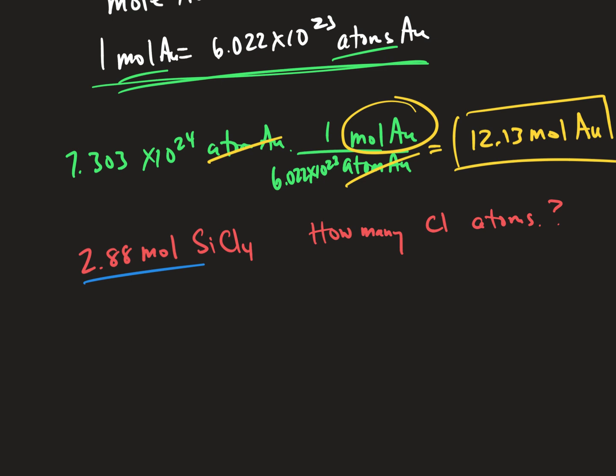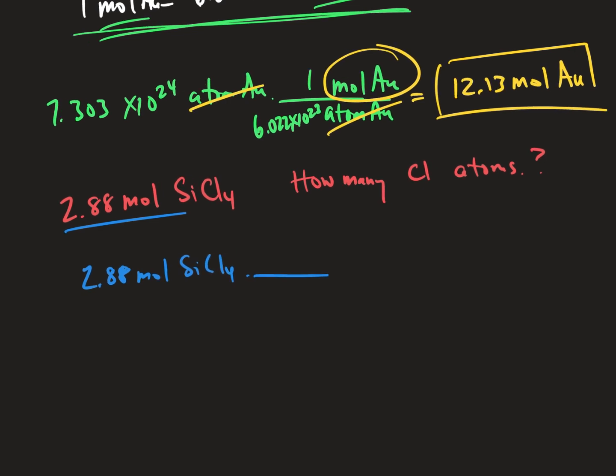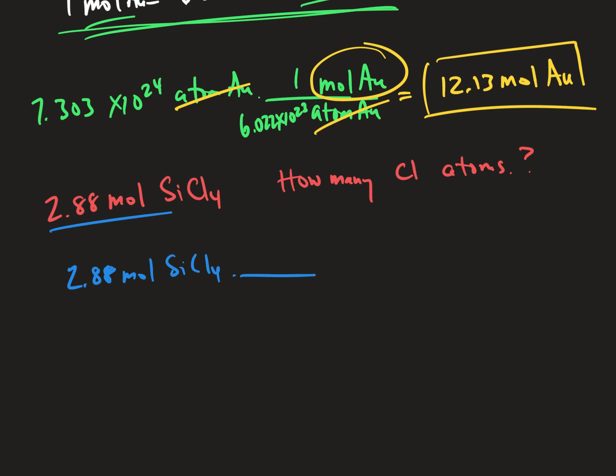Start there, that's what we know. It's hard to start with what you don't know. 2.88 moles of silicon tetrachloride. We don't want moles, so where do they go? On the bottom. Moles of silicon tetrachloride.